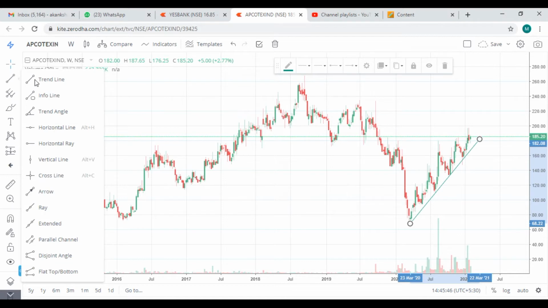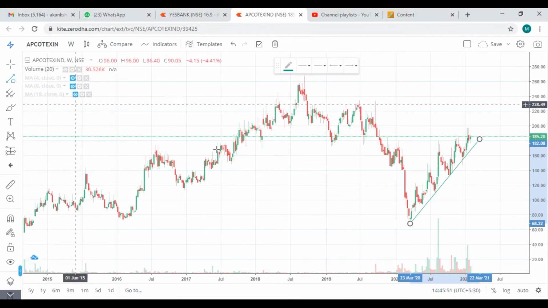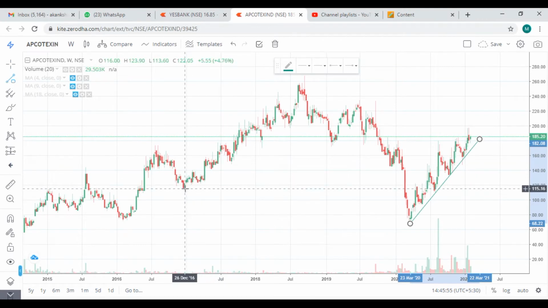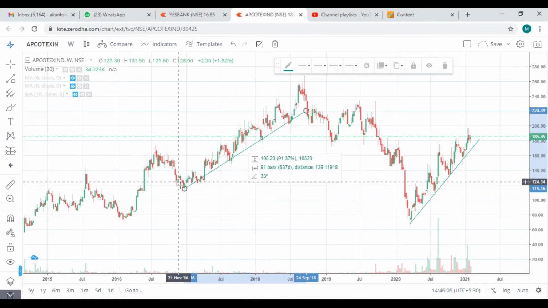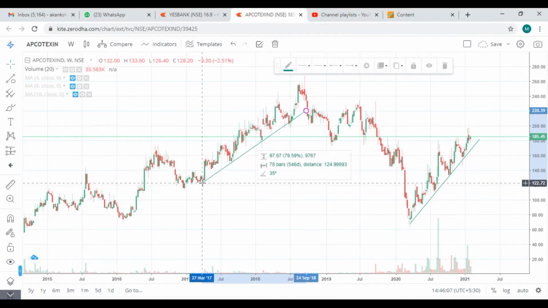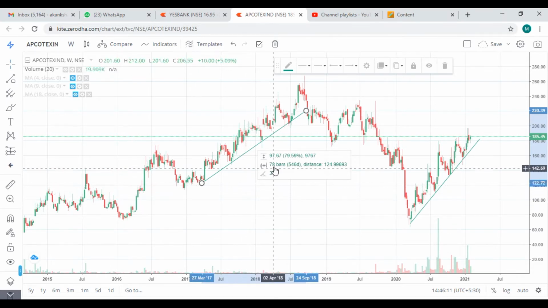And we have one more tool here which is the information line. If you click on information line, it is going to give you some kind of information. So I'm drawing the trend line the same way which I have taught you earlier. So this is the trend line. This is the information which is visible to you.